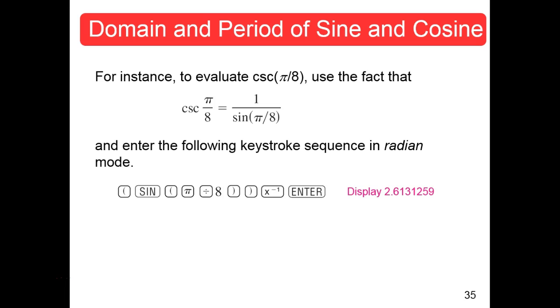Now, remind me, what value should you expect to find for the cosecant of pi over 8? Just a general rule. Usually opposite means negation, but that's not what I'm talking about here. Cosecants are always going to have a value of 1 or greater, or -1 or less.